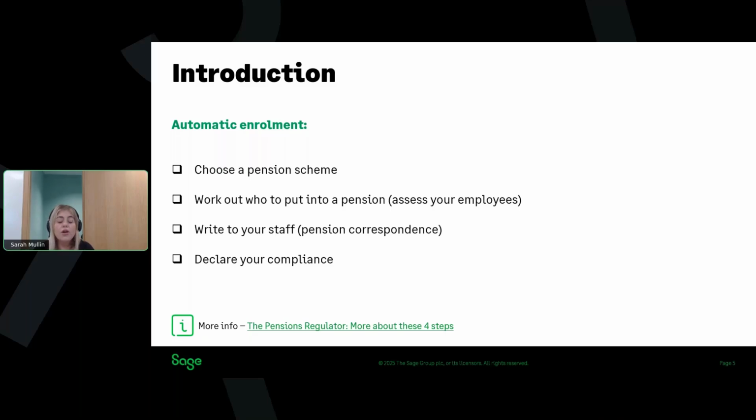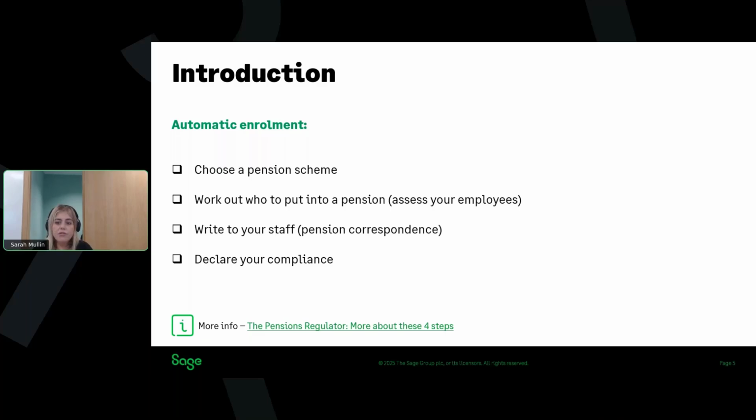You want to work out who to put in the scheme, or assess your employees, based on age and earnings, just to see who actually is eligible to be automatically enrolled. You want to communicate with your staff, explaining exactly how auto-enrolment is going to affect them. And finally, you want to declare your compliance with the Pensions Regulator, which just means confirming to them that you've completed those steps.